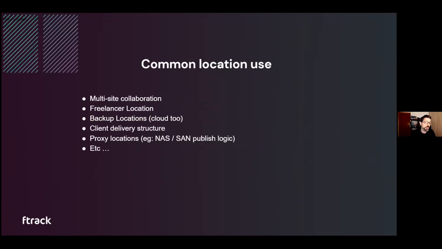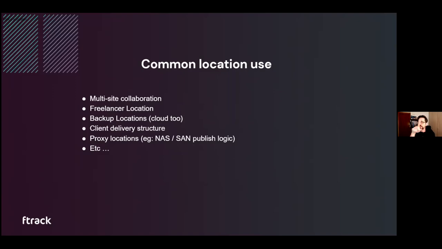Of course, we can start thinking about multi-site collaboration. So I could have my user home with its own local location, a user location. I could have a cloud transfer location, maybe in Amazon S3, and then I have a third location in my studio.